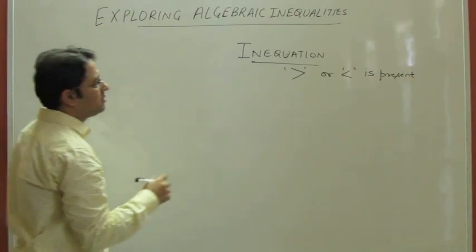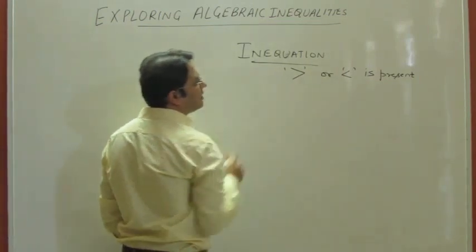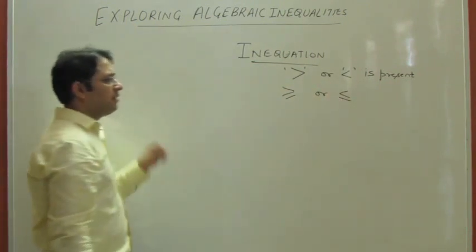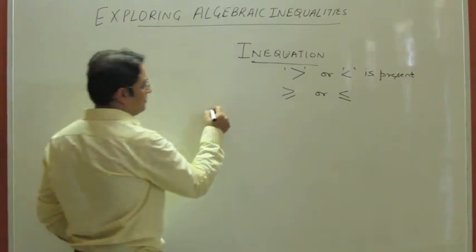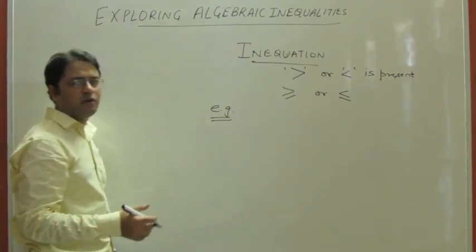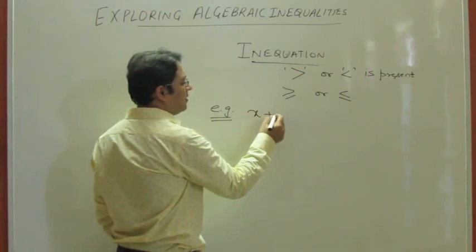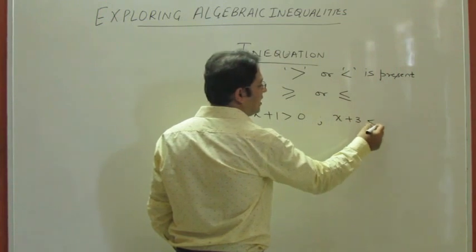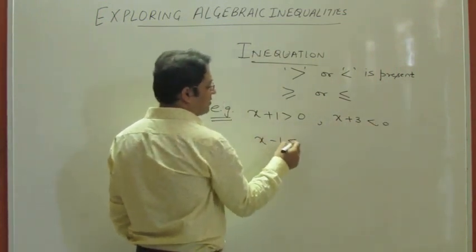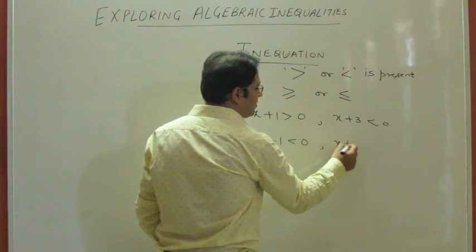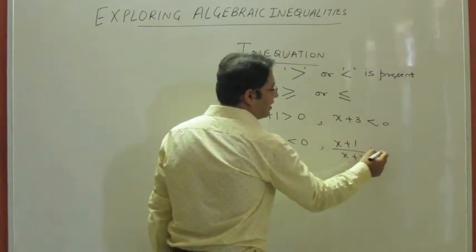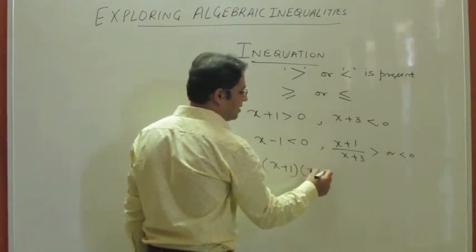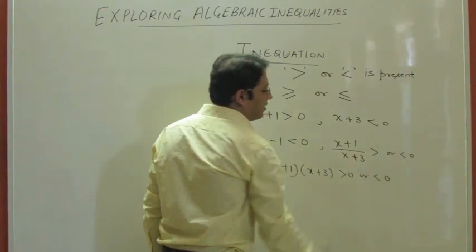In inequations, we have a less than or a greater than sign, or we can have greater than equal to or less than equal to symbol as well. So for example, we have certain inequations like x plus 1 greater than 0, or we can write x plus 3 less than 0, or we can have x minus 1 less than 0. It can be x plus 1 upon x plus 3 greater than or less than 0, we can have x plus 1 multiplied by x plus 3 greater than or less than 0.